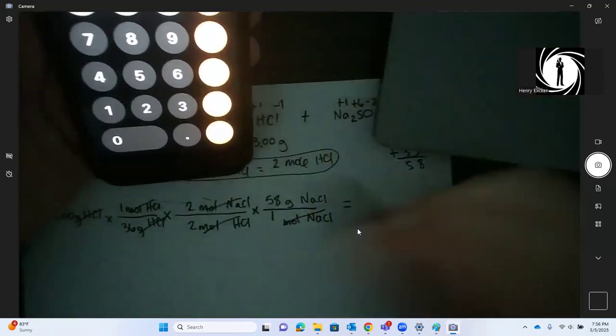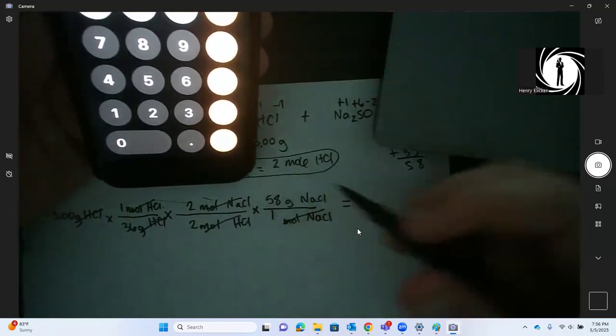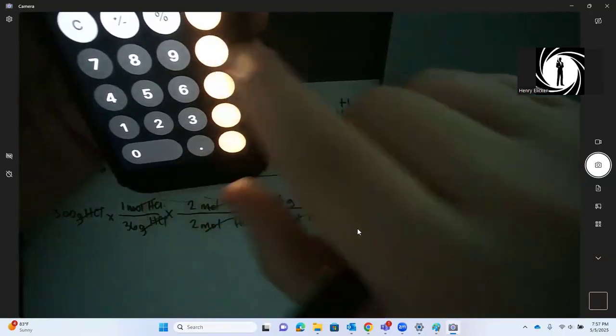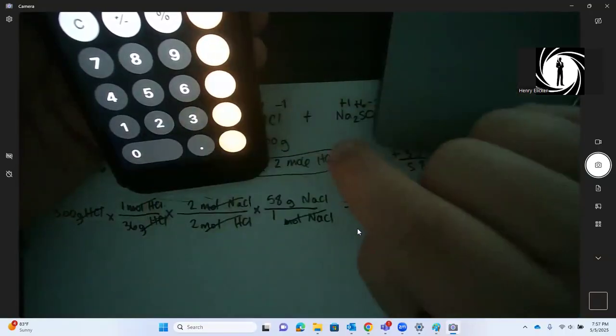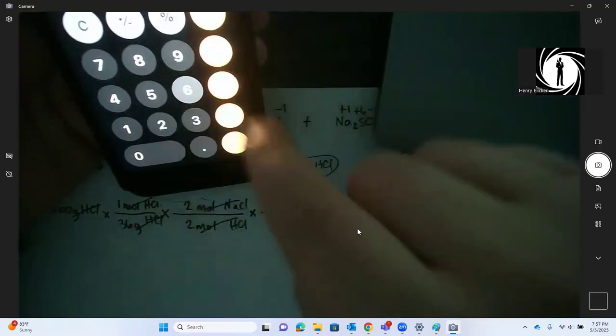You can multiply across the top and then across the bottom and divide, or you can do what I did sequentially. I'll show you one more time. You could do 3 times the 2 on top times 58. Then you can divide sequentially by 36. Then do it again by 2.